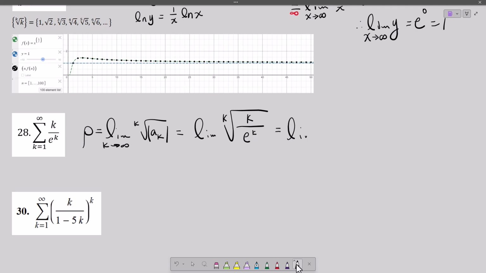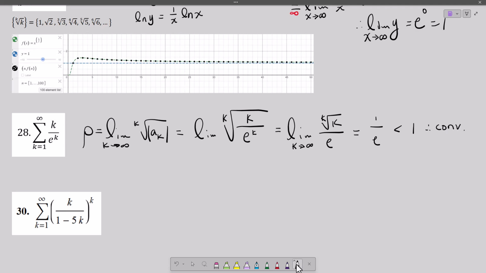This is going to be the limit of the kth root of k divided by e. And where does that limit equal? Less than 1. So it's 1 over e. The kth root of k, that limit we just showed is 1. So we get 1 over e. This is less than 1, therefore it converges.